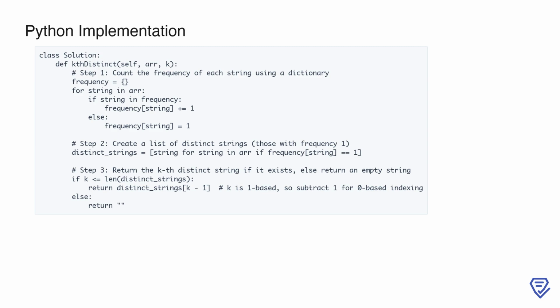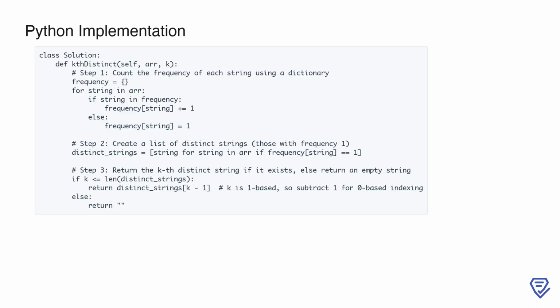Efficiency. Time complexity: The solution involves iterating through the list twice, once to count frequencies, O(n), and once to filter distinct strings, O(n). Thus, the total time complexity is O(n). Space complexity: We use a dictionary to store the frequency counts and a list for distinct strings. In the worst case, the space complexity is O(n).